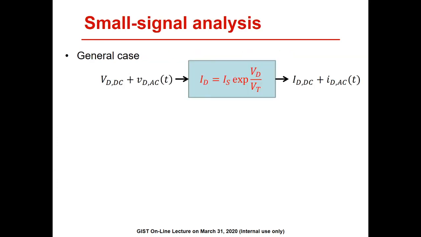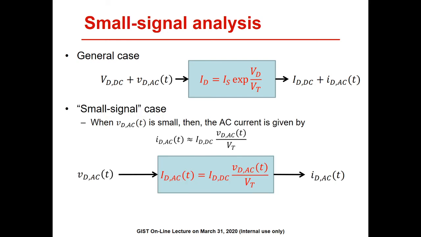Consider a general case where we have a DC input voltage and an AC input voltage. When we have a nonlinear IV curve, the output current should be newly calculated whenever the AC input voltage is scaled. Consider a small signal case.